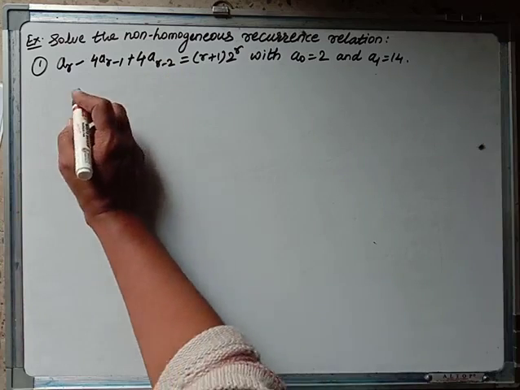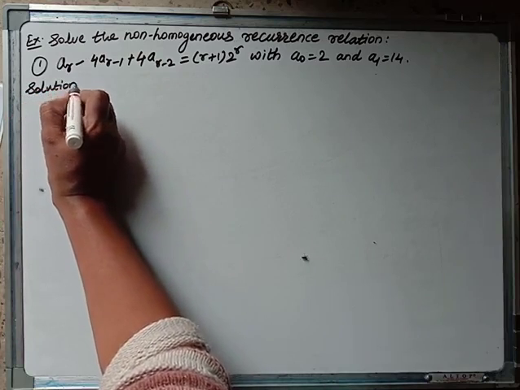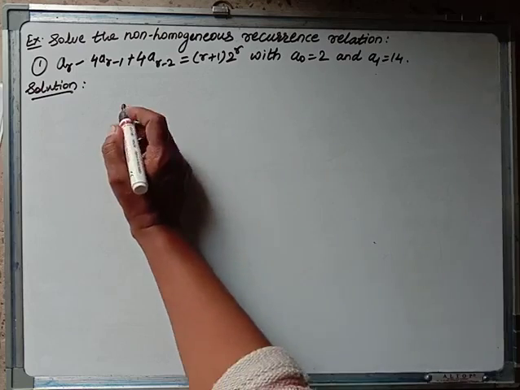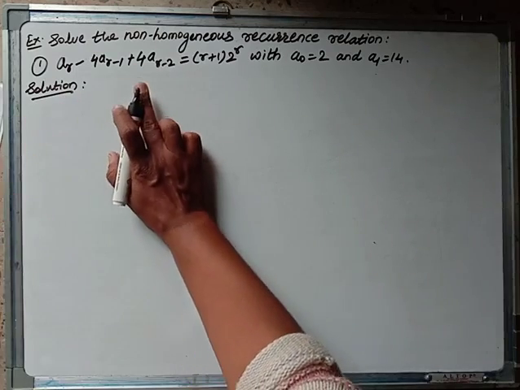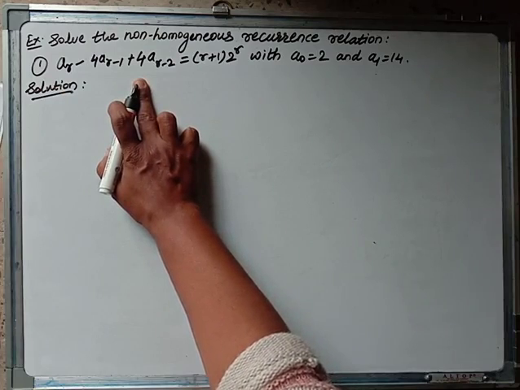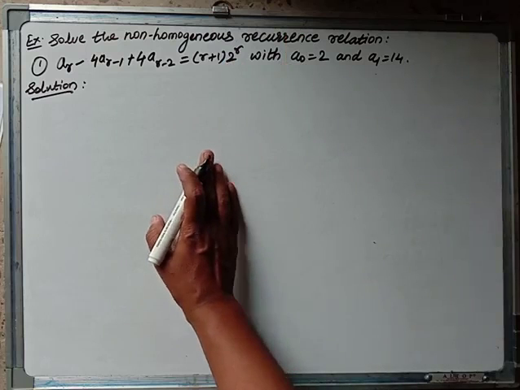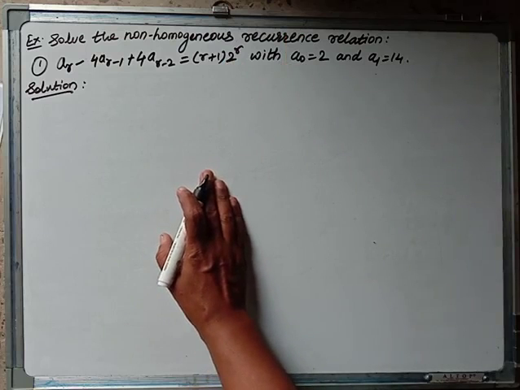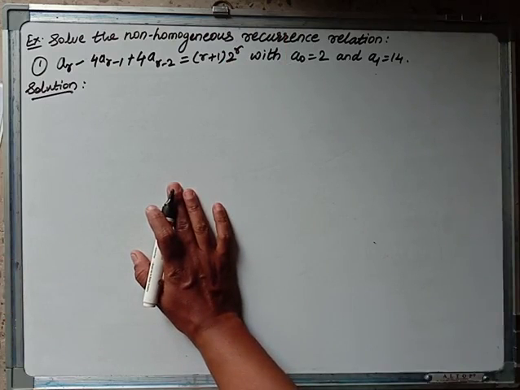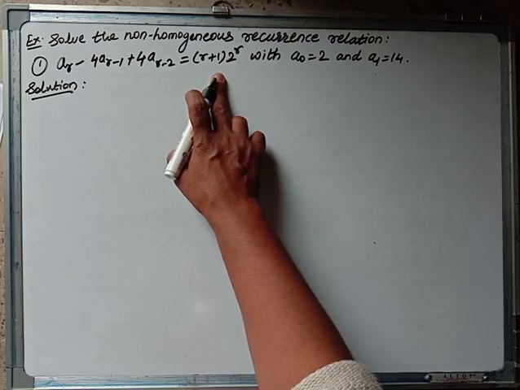So now, solution. Here, first of all, for solving this recurrence relation, you know from the previous video, we need to solve the associated homogeneous equation to get the homogeneous solution, and also using this f of r we will get the particular solution. Fine.